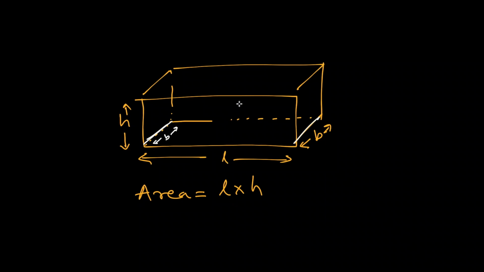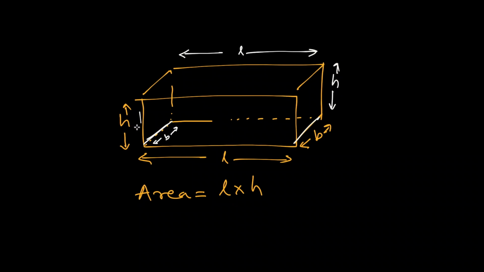This side's length is exactly the same as this length. The front side and the back side are the same. The side of the rectangle is the same as this side. This was the height, so this is also a height, similar to this height.